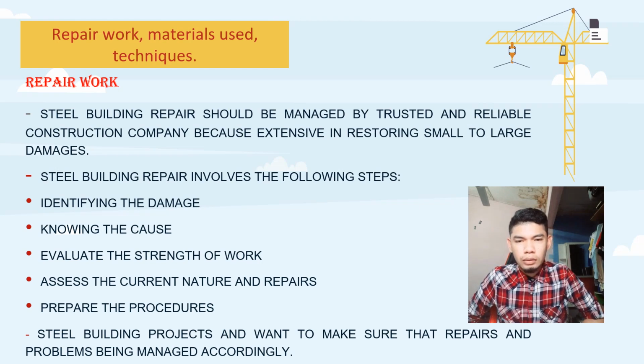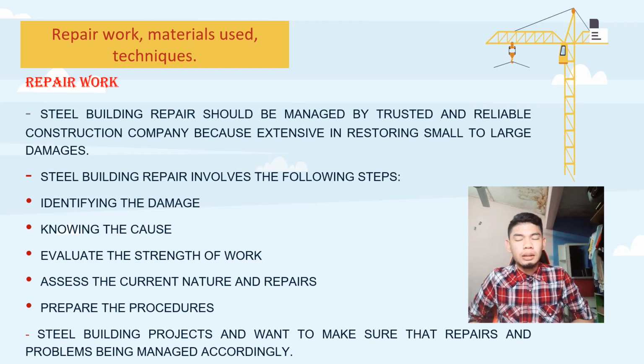For my part, our topic is steel building, and my part is to identify the repair works, material use, and techniques. For the repair works in the steel building, repair should be managed by trusted and reliable construction companies because the intention is restoring small to large damage.